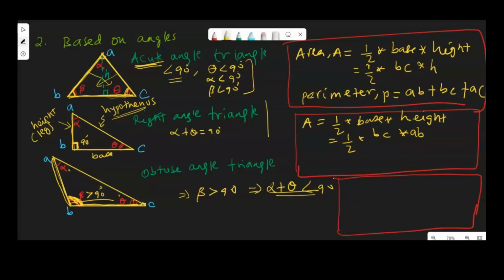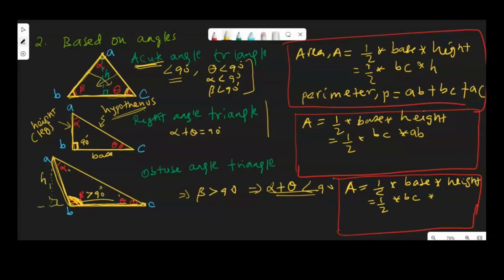The area of an obtuse angle triangle can be calculated similarly as A is equal to half of base times height of the triangle. So the base is BC times, here we go, what's the height of this triangle? We can draw a straight line from outside all the way to the base at a right angle.